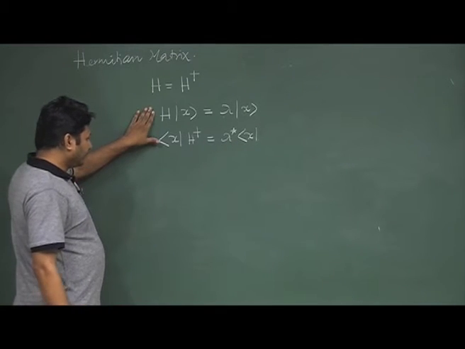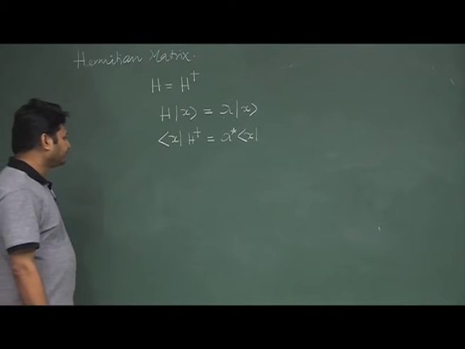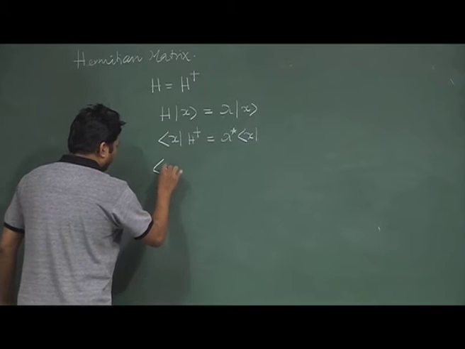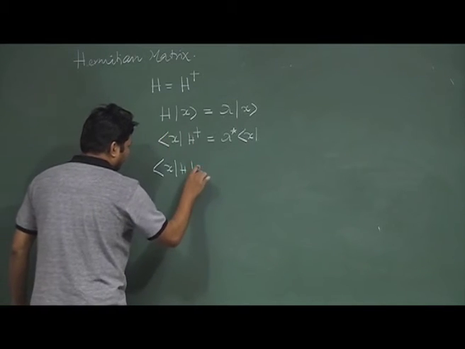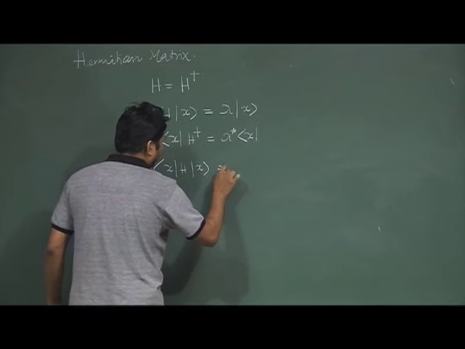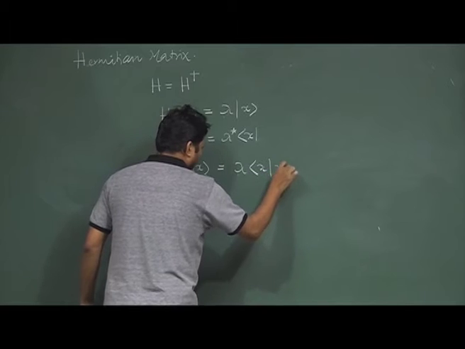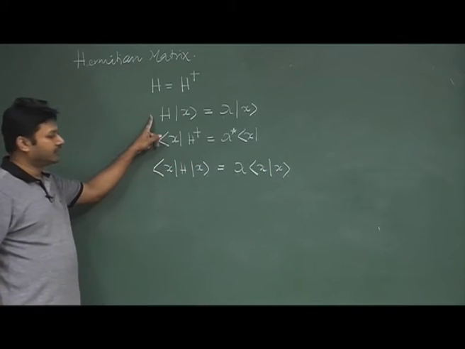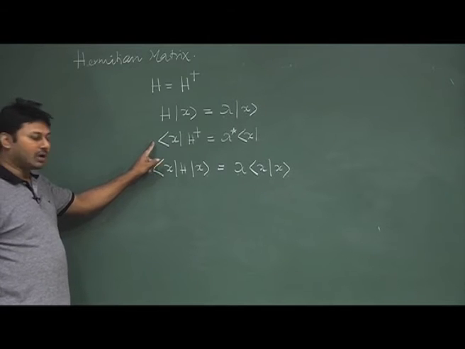I have one equation like this, and another equation like this, these two equations in my hand. Taking x from the first equation, I can have this equation from here to here.